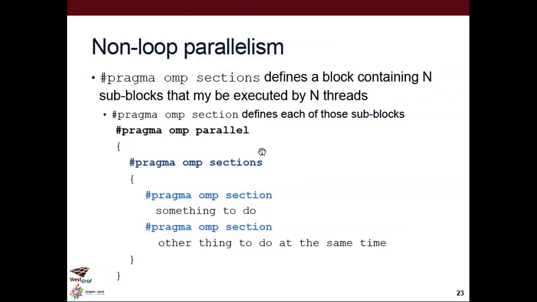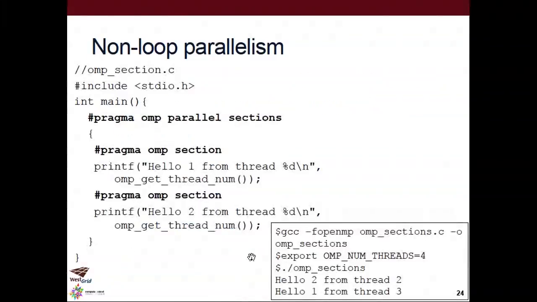Similar to combining parallel for or parallel do, if sections is the only component of your parallel region, you can say OMP parallel sections. That's a shortcut if you want. These OMP sections are static, so you have to know how many sections you have in your code. In this case, I have 2 sections here.